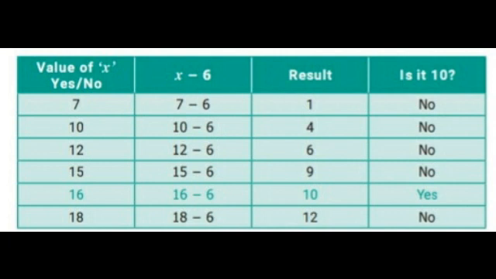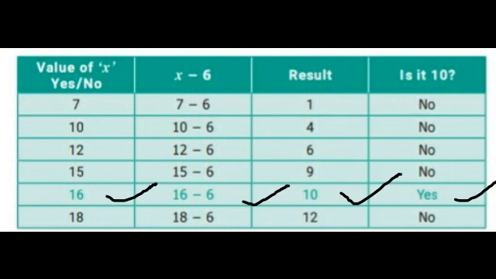Likewise, we can put 8 for x, or 9 or 10 or 11. We can put more values for x. Now let me put 16 instead of x. That means substitute 16 for x.